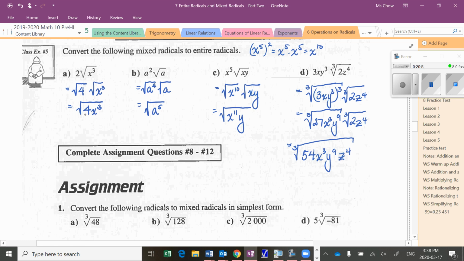So that means the answer is this if and only if x is greater than or equal to 0. Or in this case, a must be greater than or equal to 0, because if a or x was negative, and we cube it or raise it to the fifth power, then it's going to leave us with a negative radicand, which we can't have.